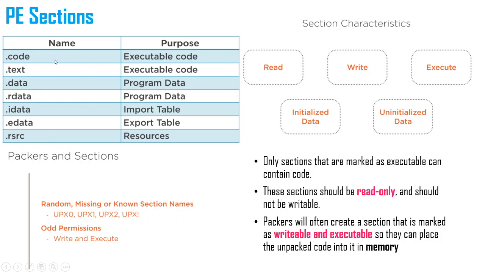Some of them are executable code, some are programmable data, and some are importable, exportable and resources. Some sections should be in the readable only option, some should be in the writable, or some in the executable option. We have to note it down as a malware research analyst.